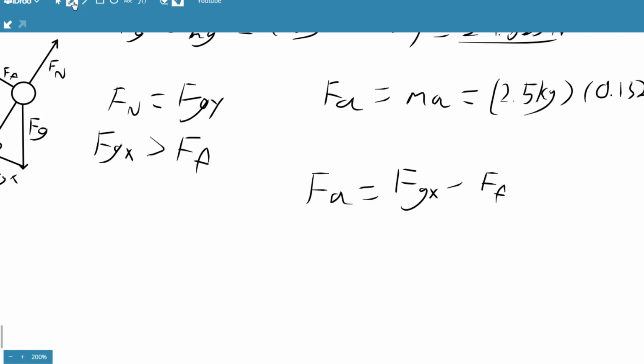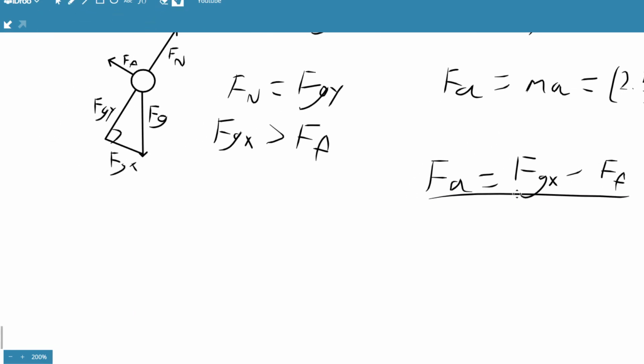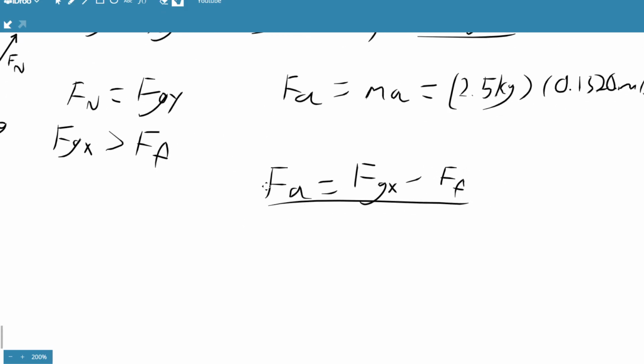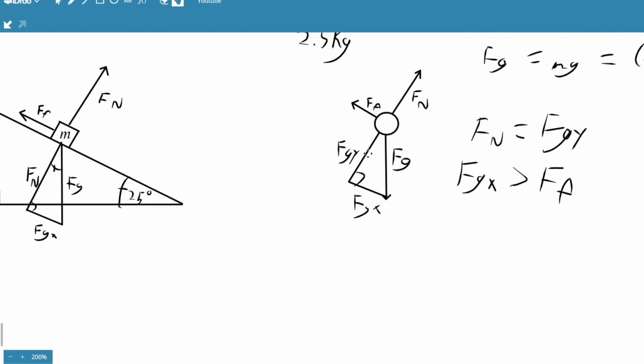So this is how we'll find FF, which we need to find the coefficient of friction. Now we already have FA, so now all we need to do is find FGX.